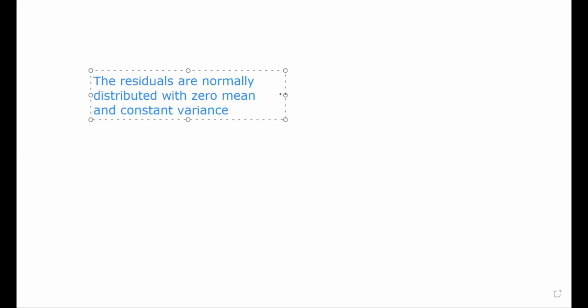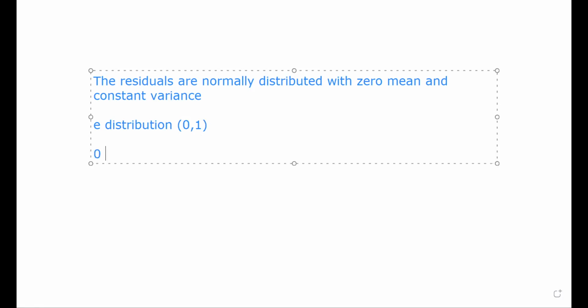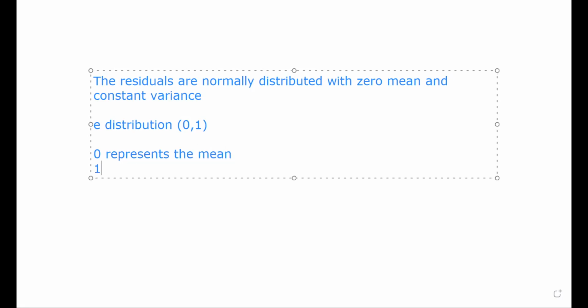If we write it in mathematical terms, the distribution is 0 and 1. That's why we have this constant variance. 0 represents the mean, 1 represents the variance. You get it? Yes, sir, I get it.